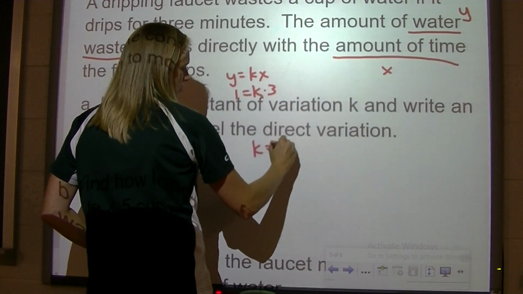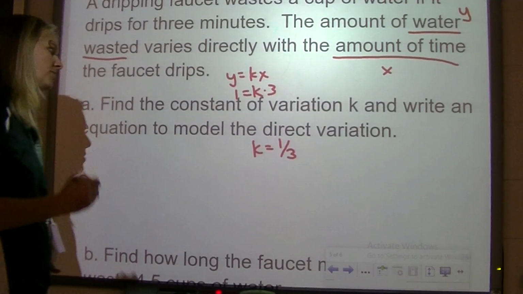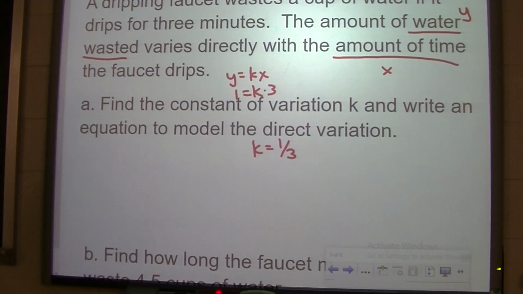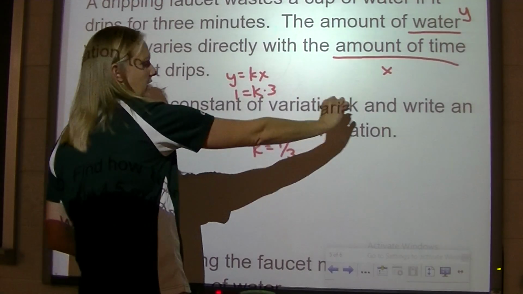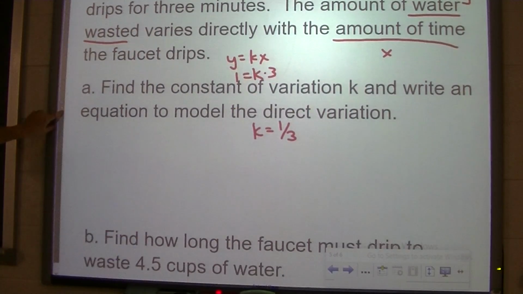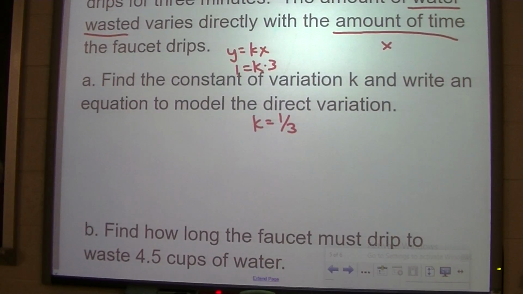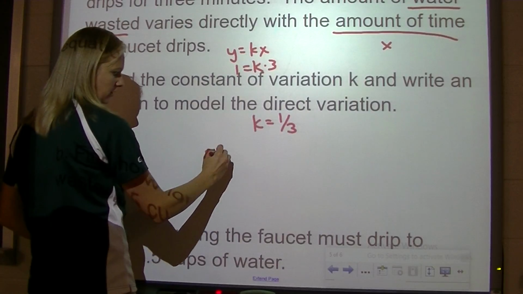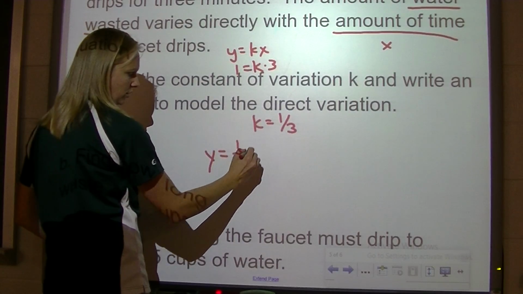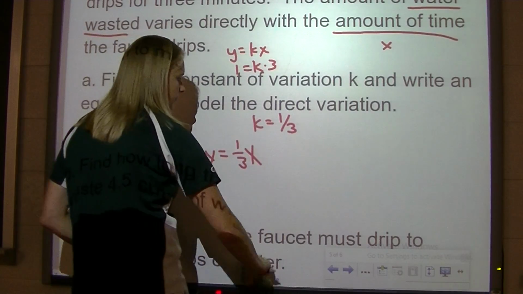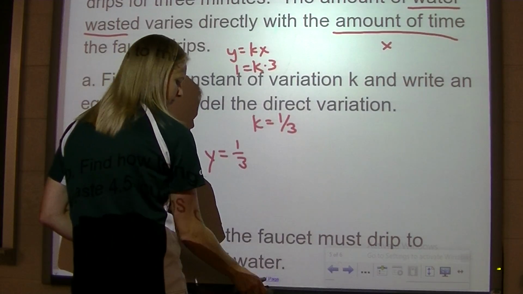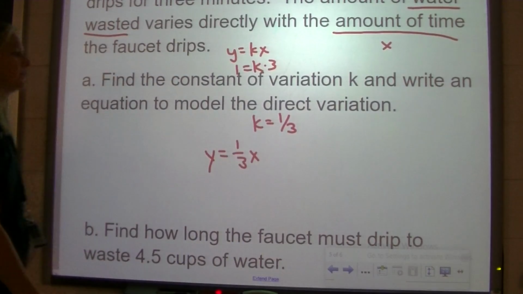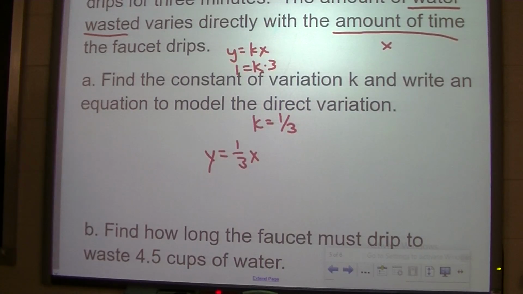We get k equals 1/3, or 0.3 repeating. So that's what k equals. So we found the constant of variation. Now we need to write an equation to model the direct variation. So since our constant is 1/3, the direct variation is y equals 1/3 x. That's our direct variation equation.